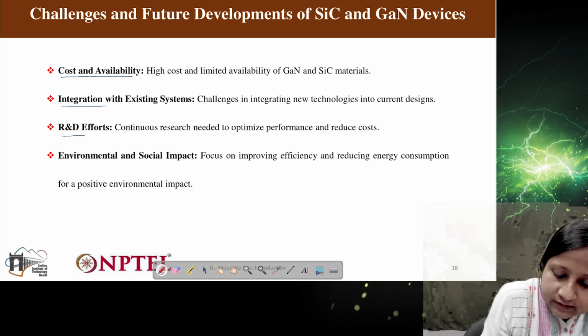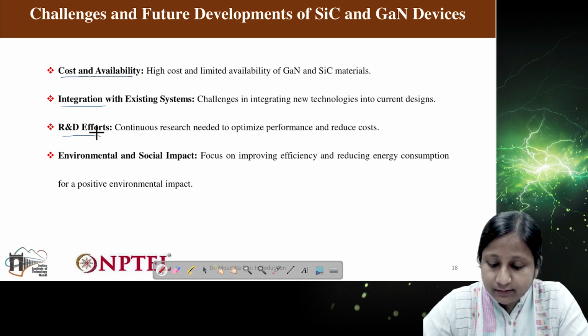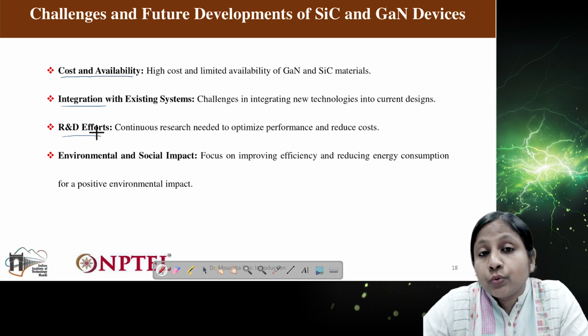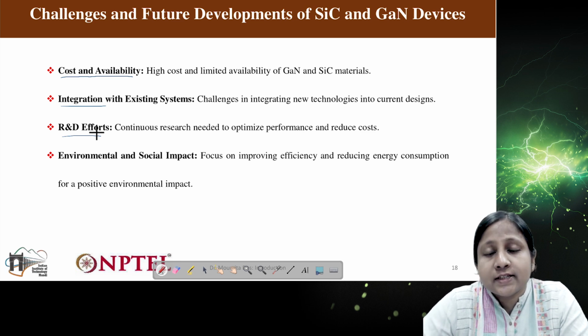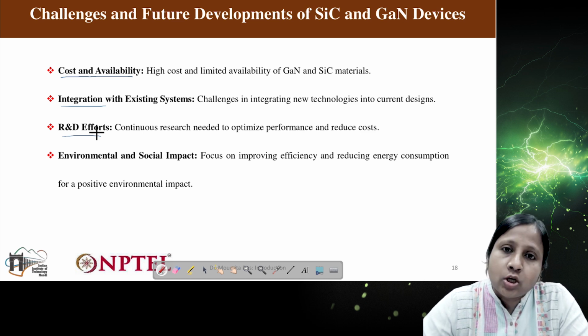Third is that these devices require continuous research and development, not only to reduce the cost but also to find out other properties. In the datasheet you may or may not find all the properties as for silicon devices. If you open a silicon device datasheet you will find much more information than for silicon carbide or GaN. So some information is still unknown.